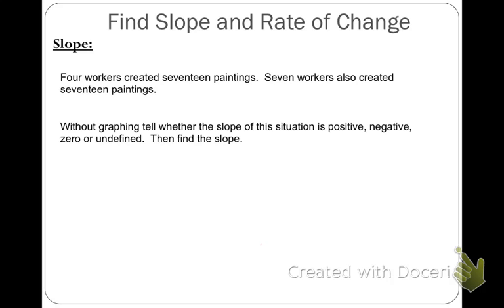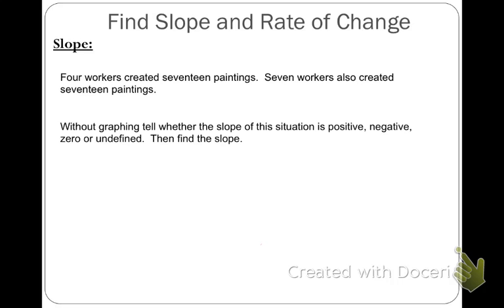Okay. What if I have this one? It says, 4 workers created 17 paintings. 7 workers also created 17 paintings. Without graphing, tell whether the slope of this situation is positive, negative, 0, or undefined, and then find the slope.